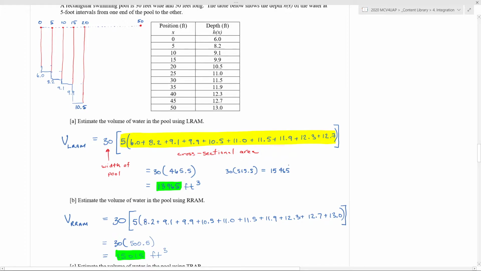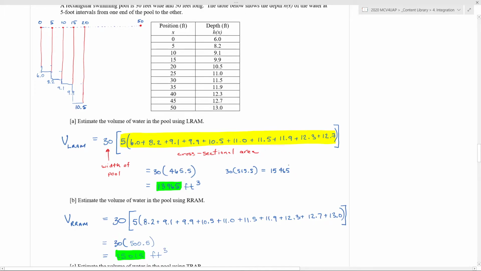Okay, so 5 times. What did you get? I got 16,515.